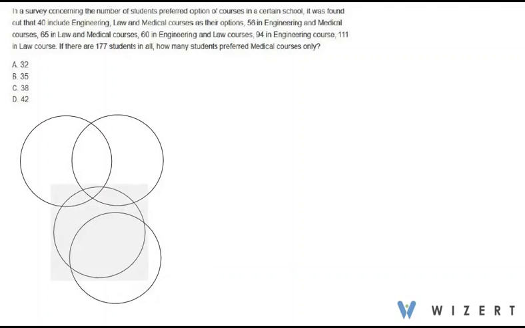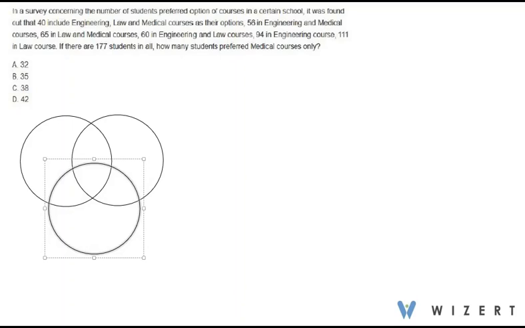And this be representation of number of students who prefer medical. So this is engineering, law and medical. Now 40 include all three courses. So this overlap here where all the three circles have overlapped is representing 40 students.